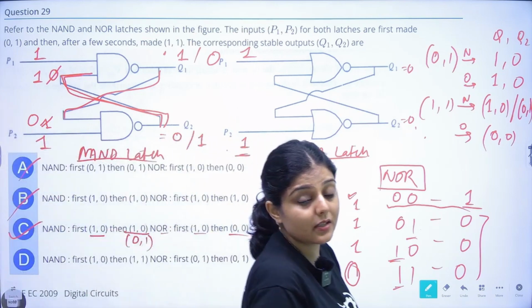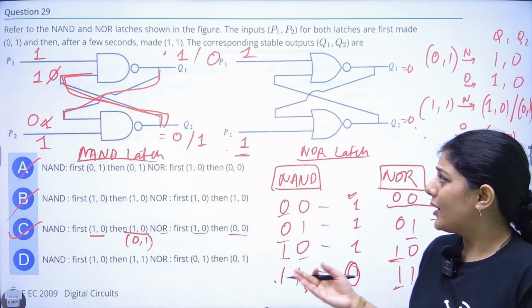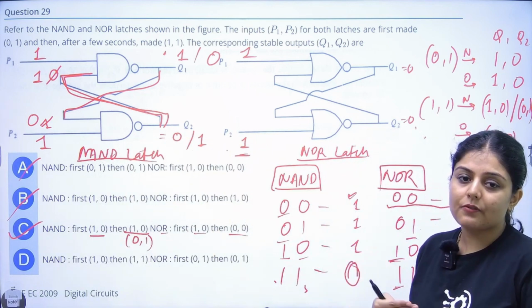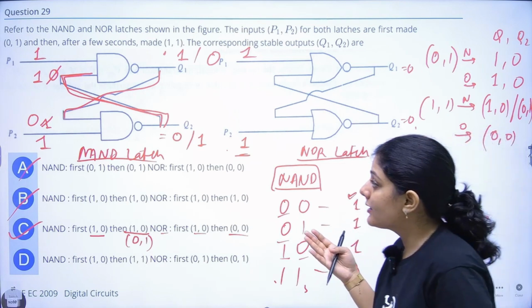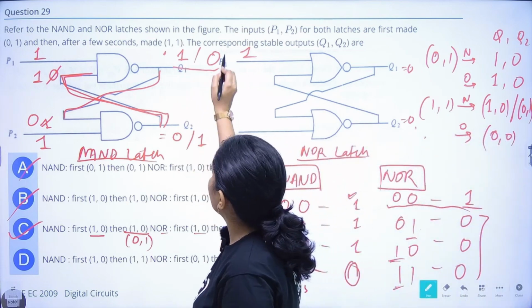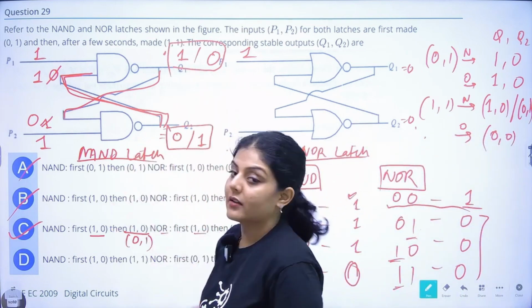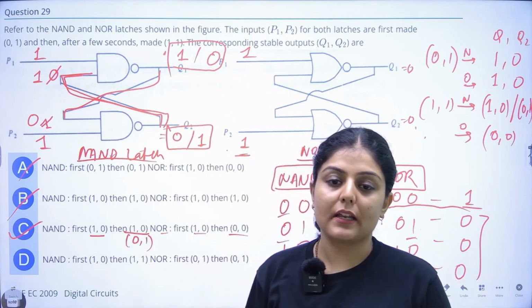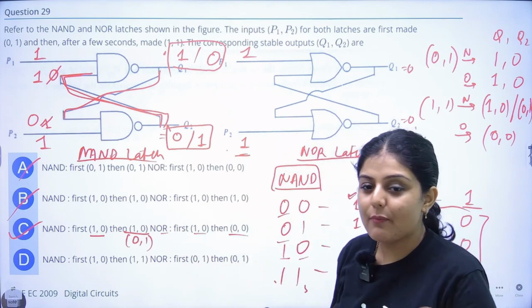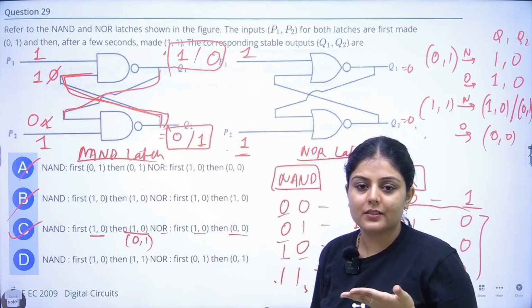Okay, so this is the best way to solve the latches. If you see the latches, all the inputs you can calculate easily. So in this state, any of the two states is there. So that's why we cannot predict the actual output. Both are stable cases. So it depends on what? It depends on which gate will work faster, right?